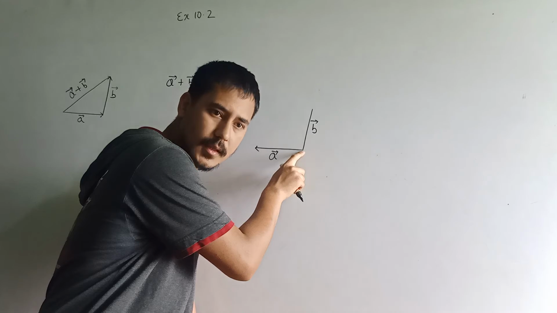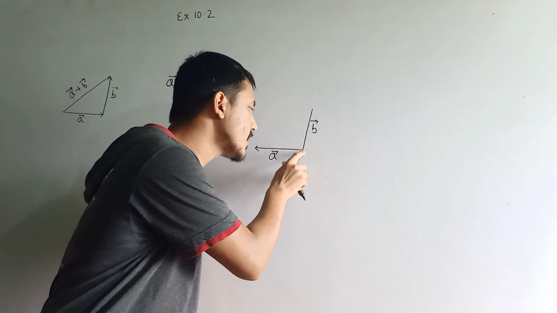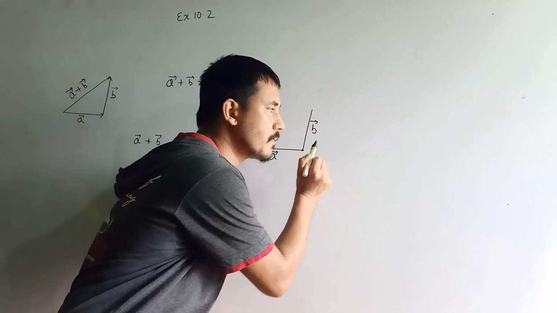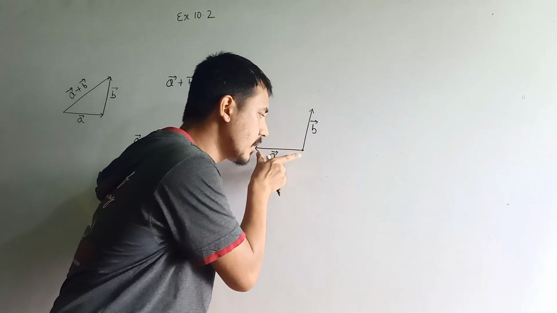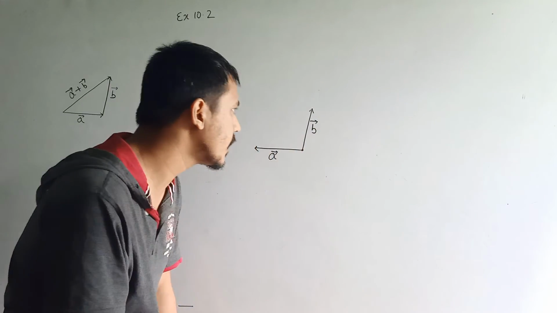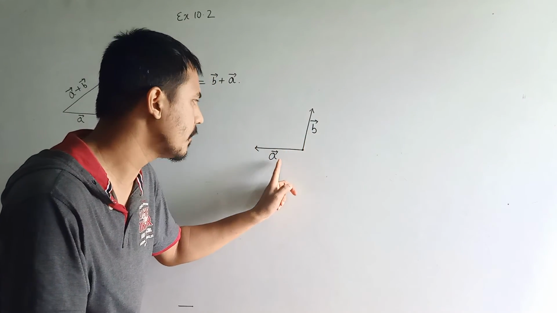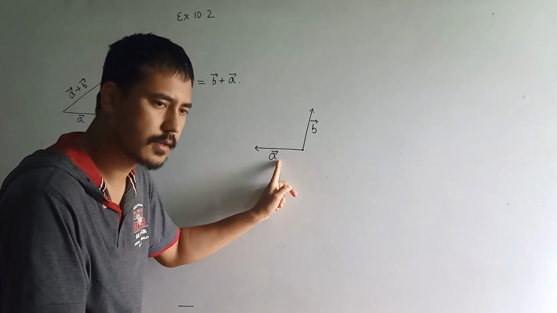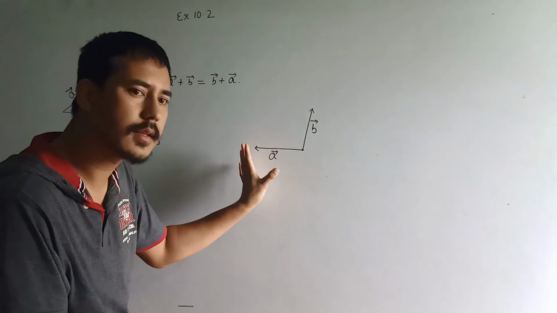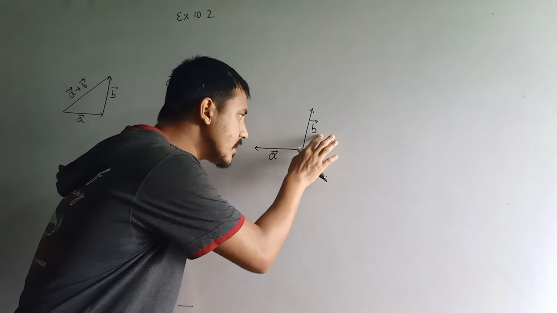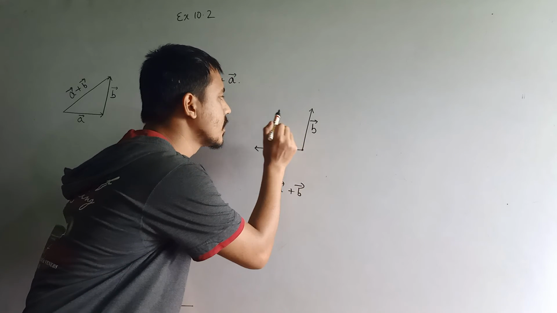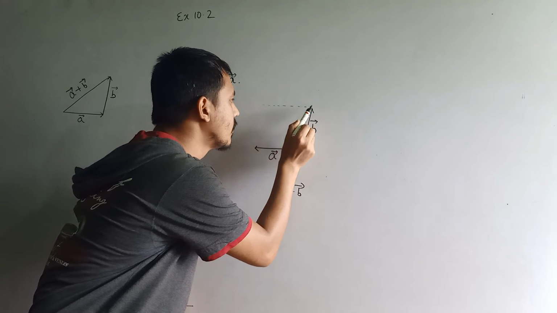If two vectors are represented by two adjacent sides of a parallelogram, having the same initial point, in magnitude and direction, then their sum, vector A plus vector B, let me complete the parallelogram.